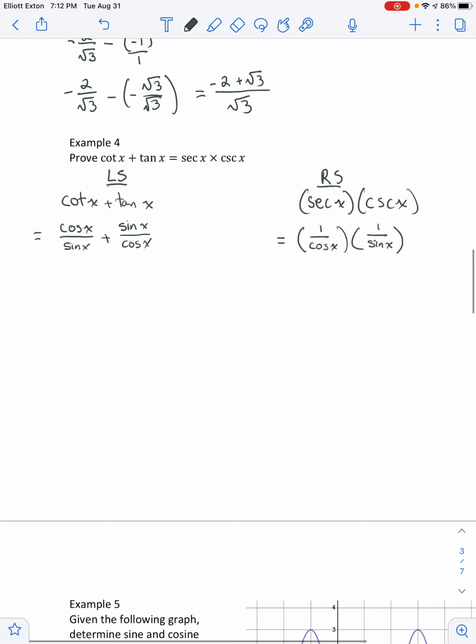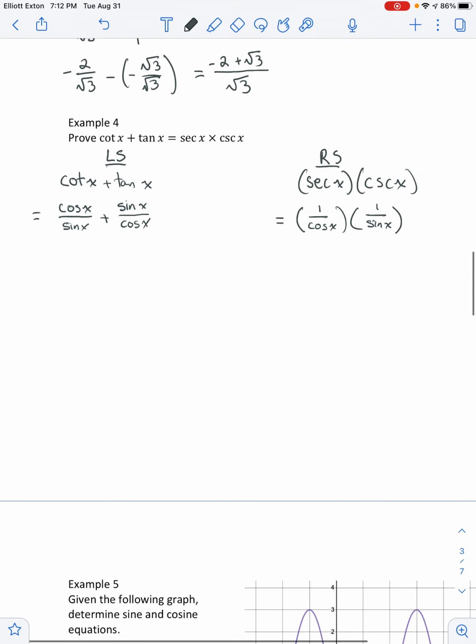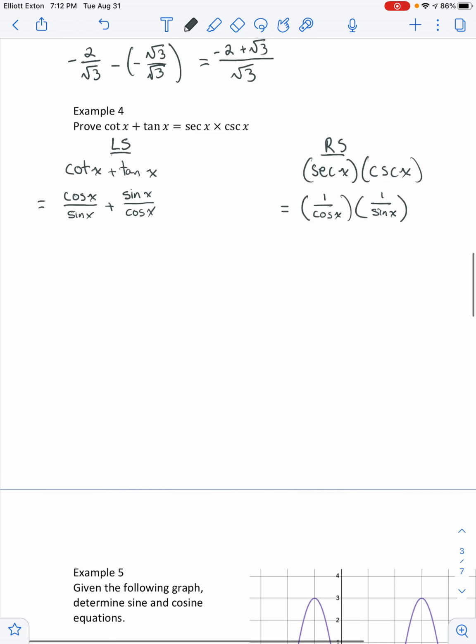And we're adding these together. Now, we can't directly add these together because sine x and cos x are not a common denominator. So in order to do that, I want to make these two fractions have the same denominator.